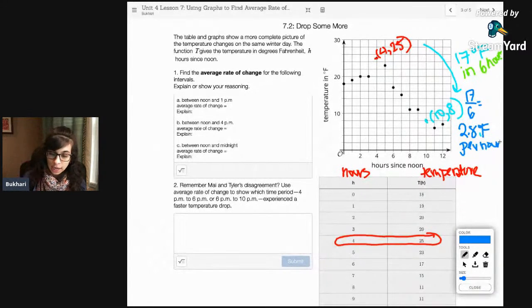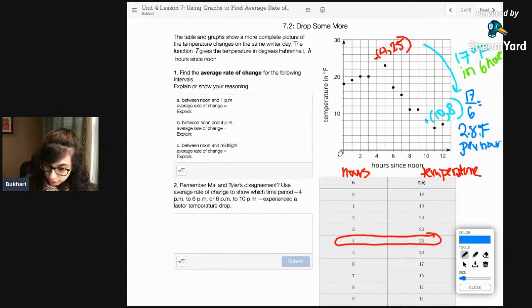So if I want to find the average rate of change, I'm going to divide my temperature difference over my difference in time. And if this sounds familiar, we are calculating an idea of slope, right? My slope is my average rate of change between these values.